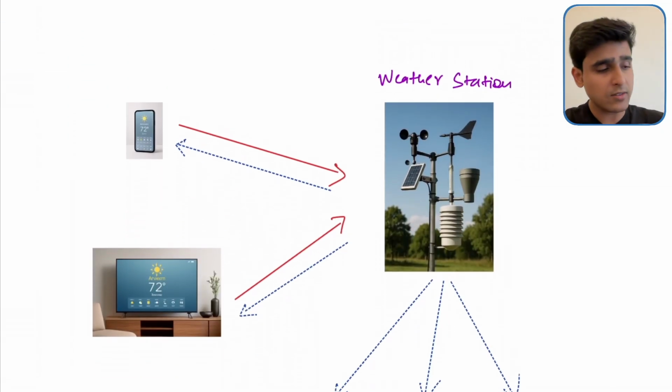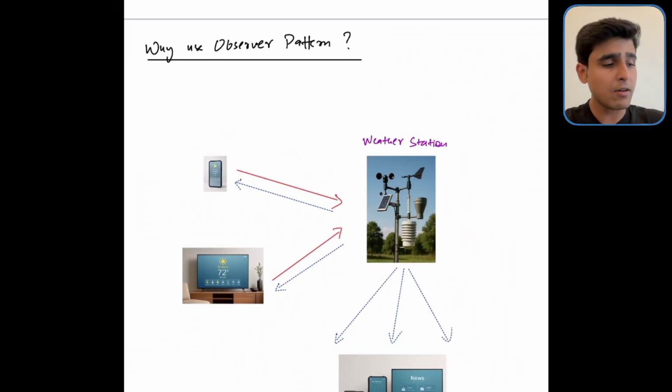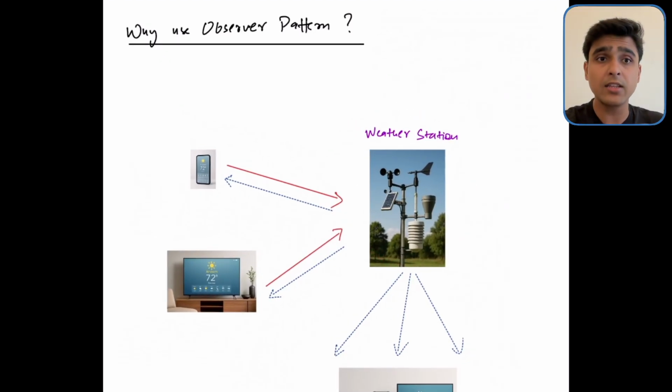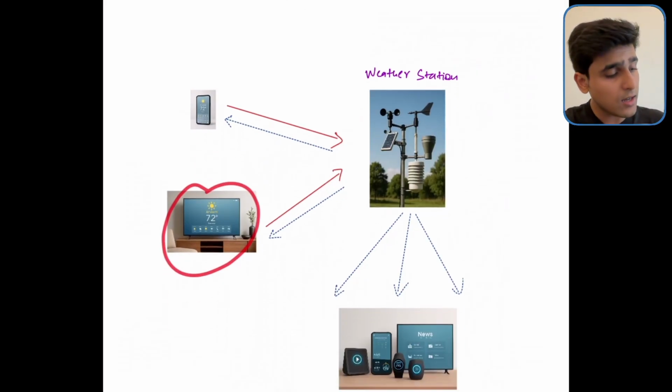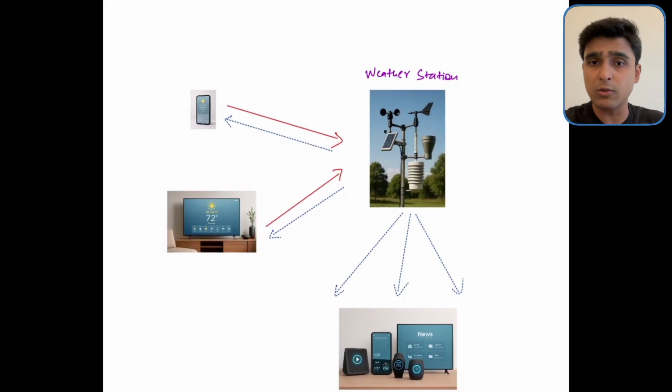So let's see, why do we first of all need the observer design pattern? Consider a scenario where we have a weather station which emits different events regarding weather updates. If there is any change in the weather, this station emits those events. Now there are multiple devices which are interested in those events, right? It could be your smartphone, your smart TV, and a bunch of other devices.